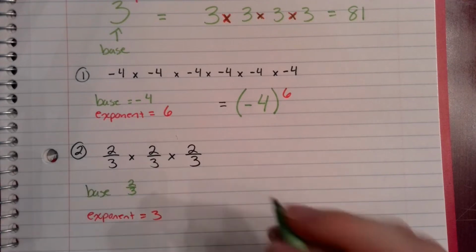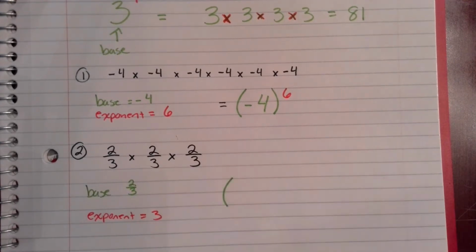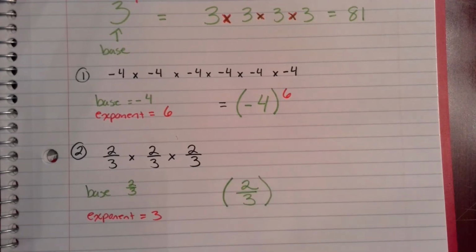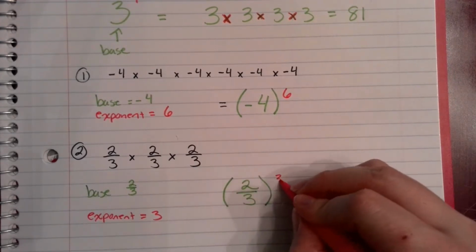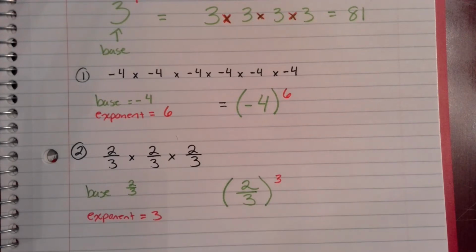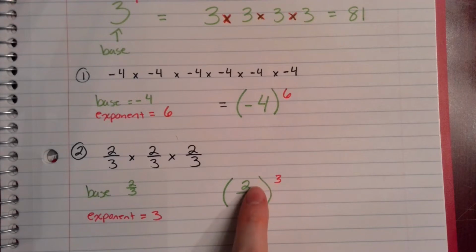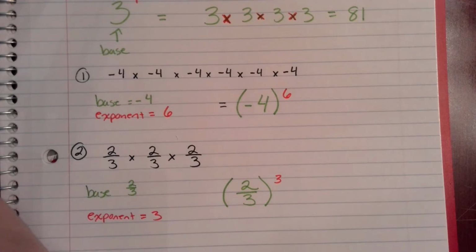So again, I have to put 2 over 3 inside parentheses and put it to the third power. If I did not put the parentheses around it, the only thing that would wind up having that exponent would be the 2. So you want to make sure you put that in parentheses. It's 2/3 raised to the third power.